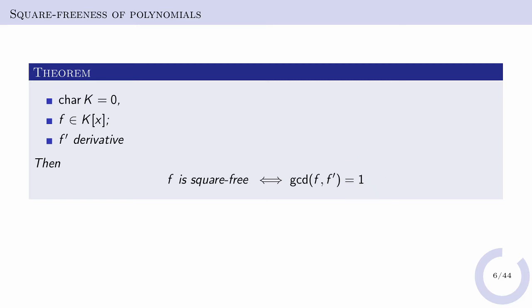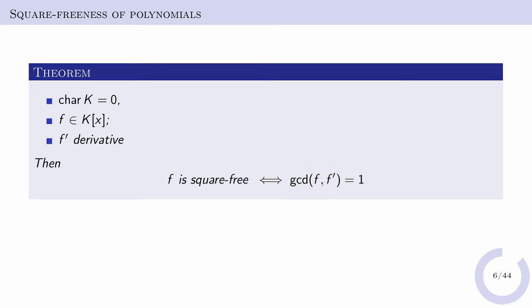These two conditions are equivalent. And this right-hand side is computationally very easy to compute. Because the polynomial we know from the first lecture how to compute the derivative, and we know how to compute the greatest common divisor, just use the Euclidean algorithm.